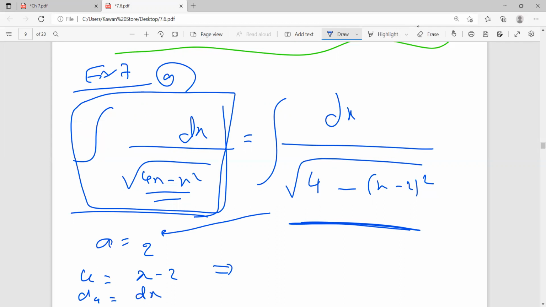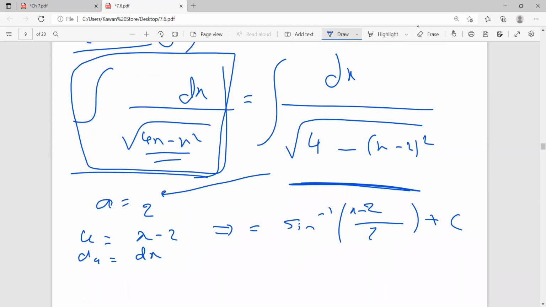So can I write it like that, equal to sine inverse, one over 2, the first formula? We have the 1 over A. Do you have any problem with that example?